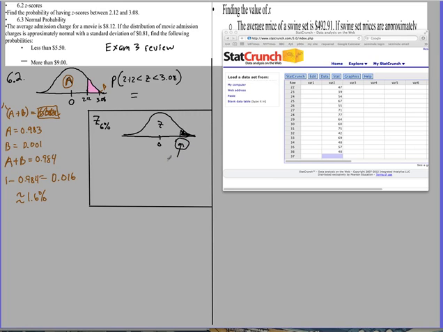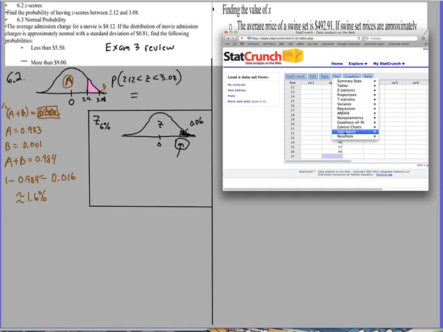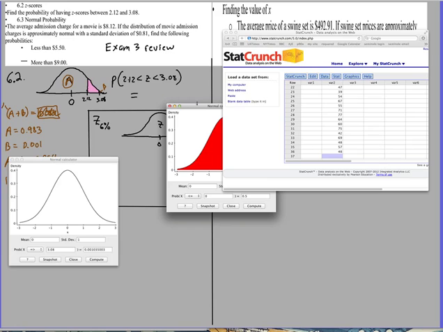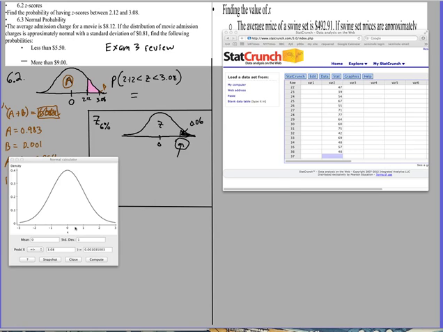I need to just make my StatCrunch look like this. So let's go ahead: Stat, Calculators, Normal.